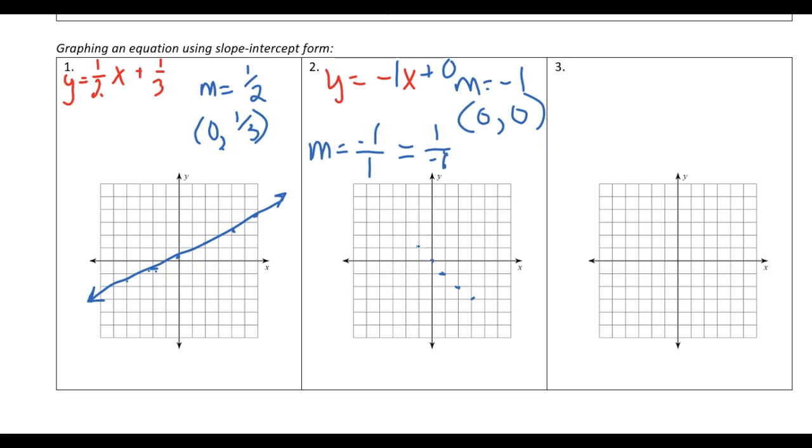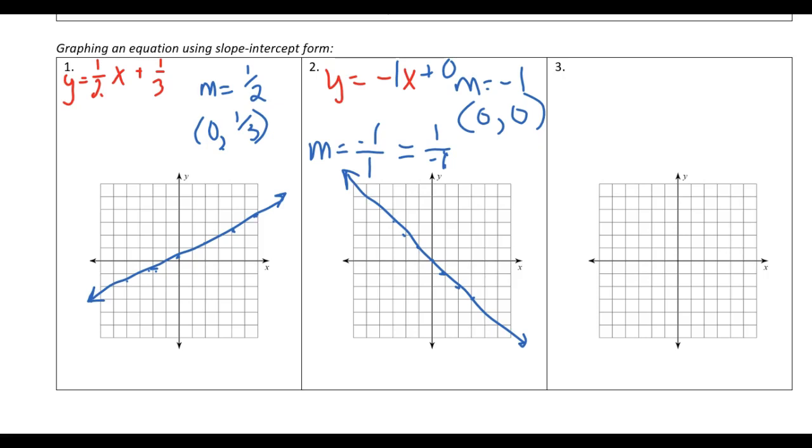And notice that these points will all fall on the same line. Positive 1, negative 1. And then I'm going to draw my line through those points. All of these graphs do have arrows on them, notice, because we do not have any restrictions on the domains.